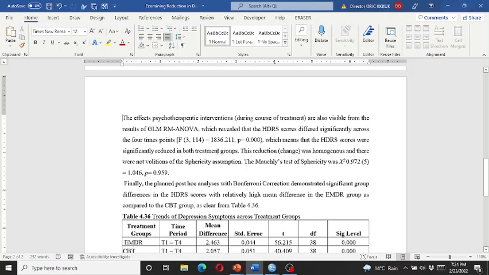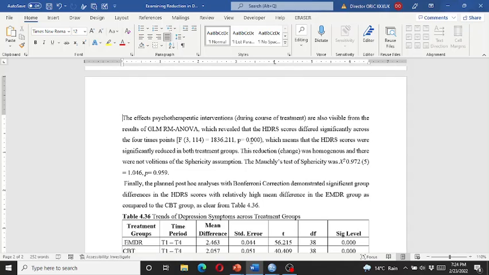And as I previously told you, for reporting the F values, you need the degrees of freedom, the sphericity assumptions, the F value, and the p value also. This is how you can report the results regarding the F values, which means that the effect of psychotherapeutic interventions is visible, and it revealed that the Hamilton Depression Rating Scale differed significantly across the 4 times.